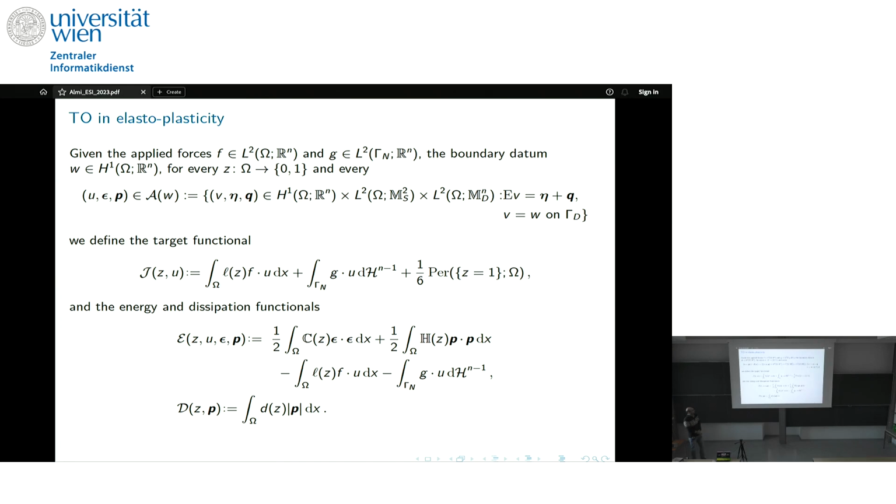And the last term instead is simply the perimeter of the set where Z is equal to 1. The constant is not important. It's 1/6 simply because of the choice that we will make later on in the phase field problem. What you are saying here is that you don't want anything homogenized. Since homogenization would pay a lot in the perimeter, when you add the perimeter, you will simply stay in the set of finite perimeters.